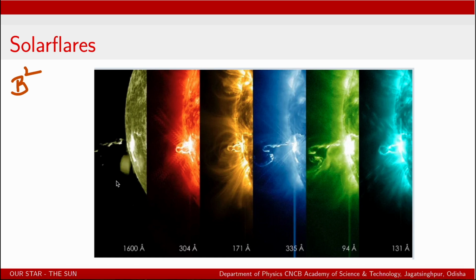This one has used a UV camera. This is in the hard UV region. This is almost in the X-ray region. So you can see that the solar flares emit very energetic, very high energy radiation, and they are mostly in the UV and the X-ray domain.